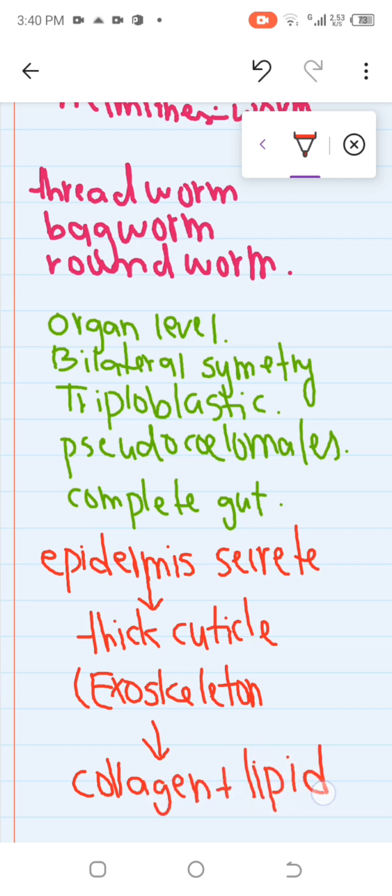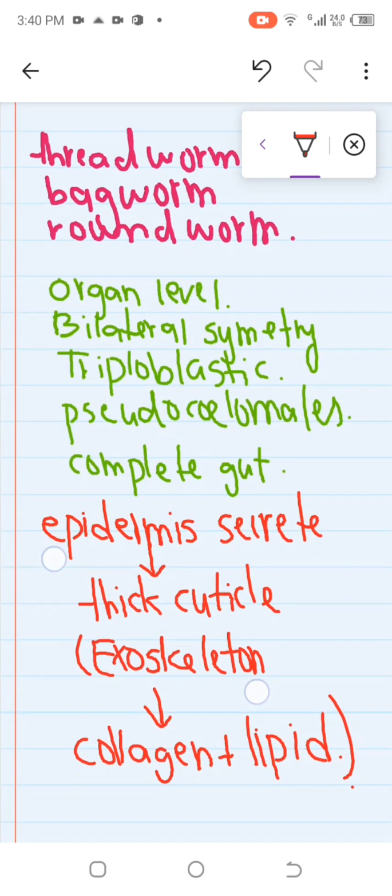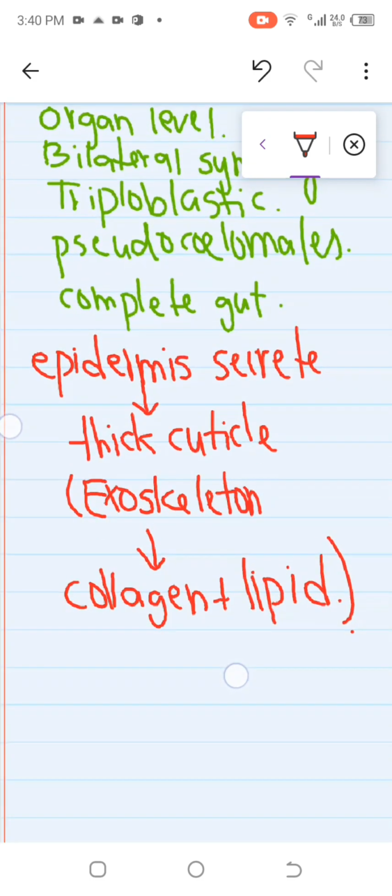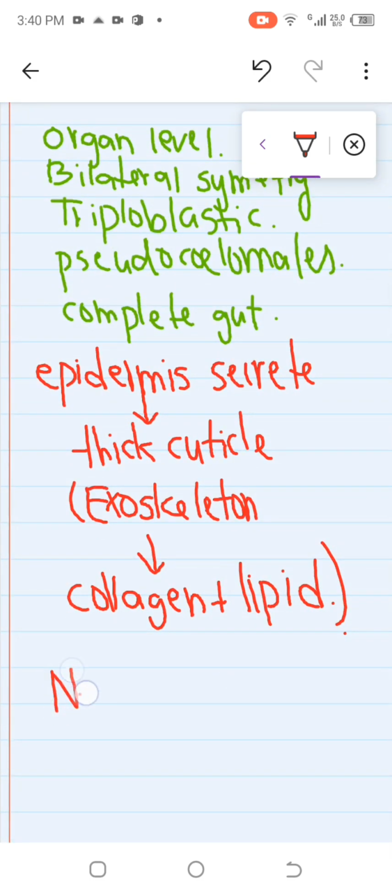After that, their nervous system is ladder-like.